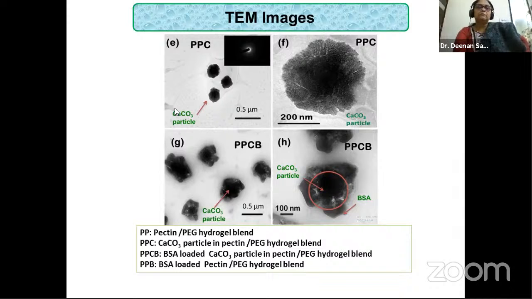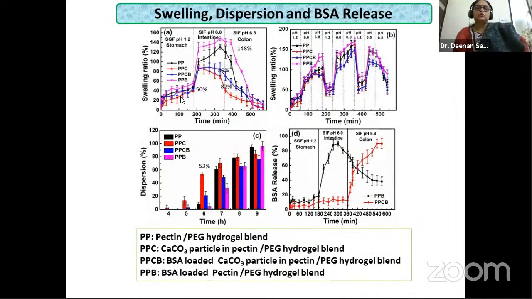Again, the swelling studies. Here we are stopping the release of the swelling of the material due to the pectin. Pectin is protonated. On the other hand, in the intestine it swells, and releasing is possible, and in the colon. So you can see the BSA release here in the presence of calcium carbonate is intact.